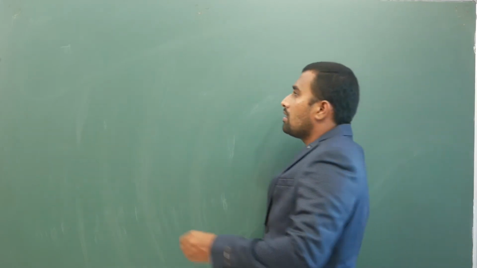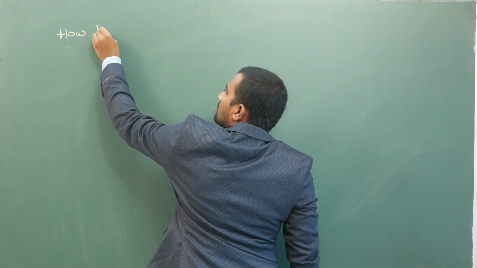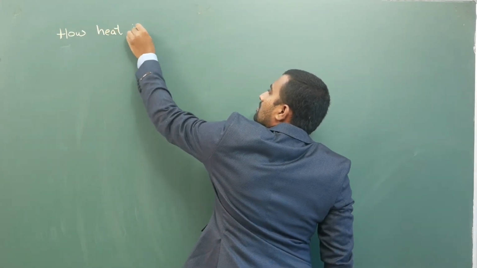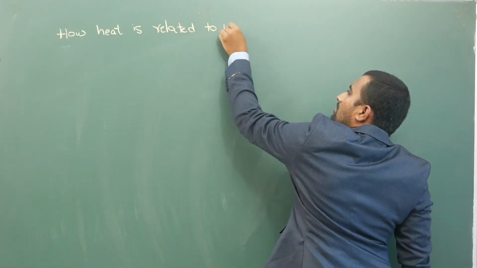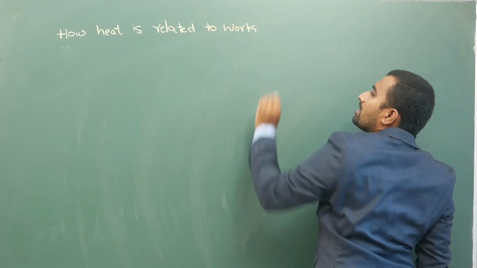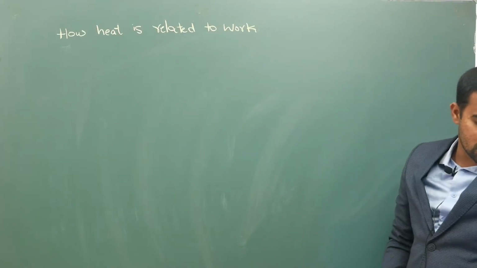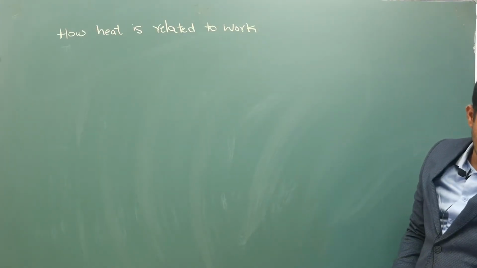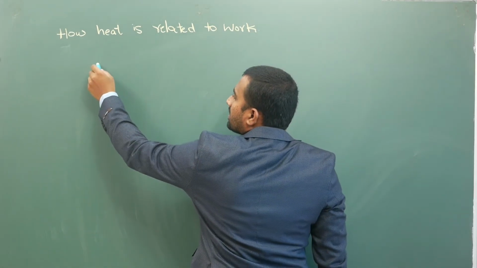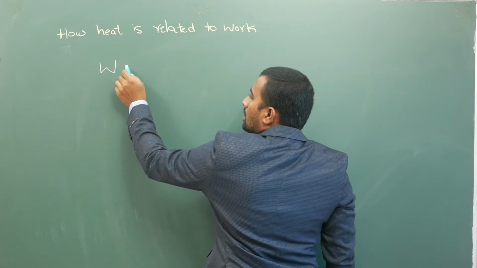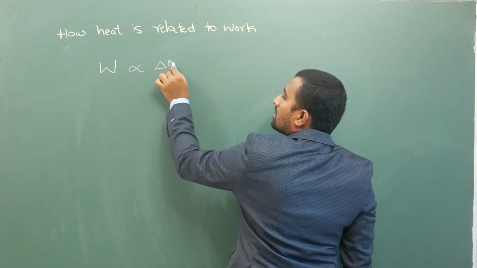Now we will discuss how heat is related to work. That means we are relating heat with work. How can you do this? You can relate heat with work with this expression: the work you are doing is directly proportional to the heat energy.